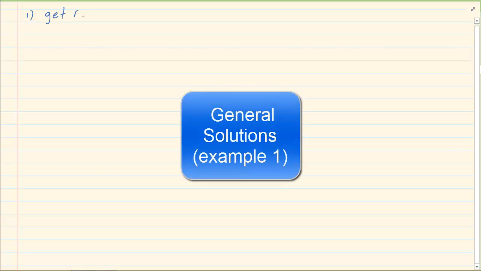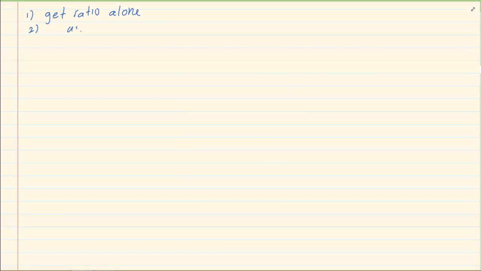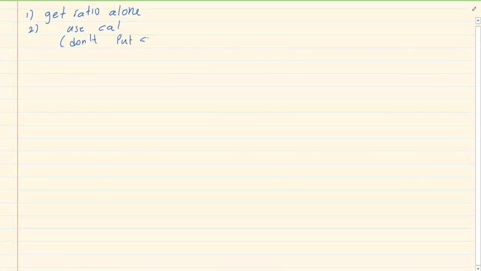From your previous grade, you know that you have to get your ratio alone. Number 2, when you use your calculator, don't put in a sign.